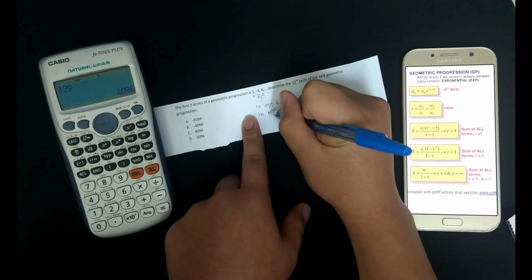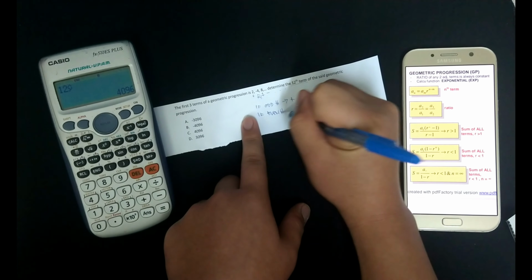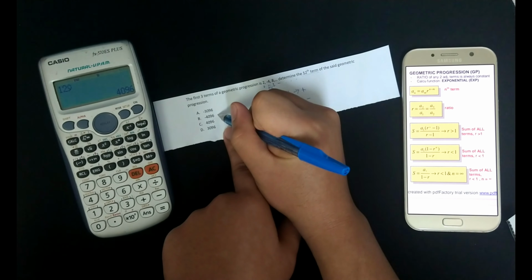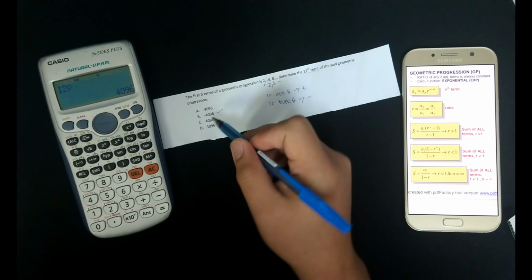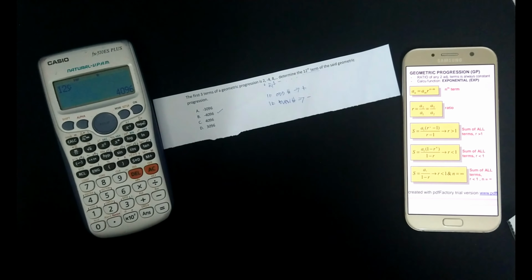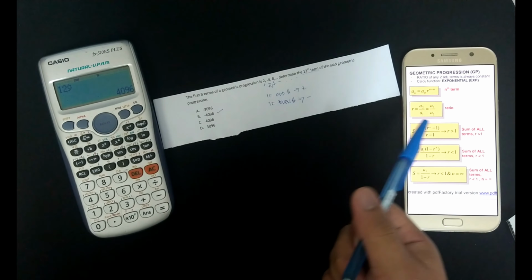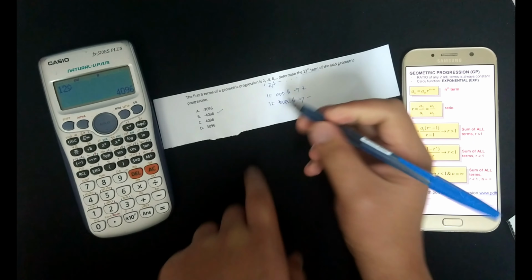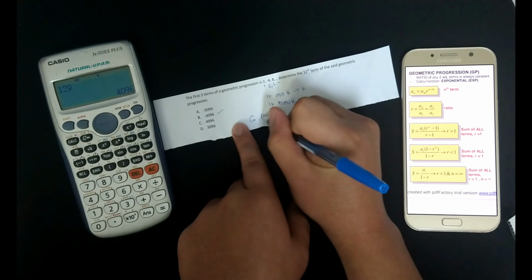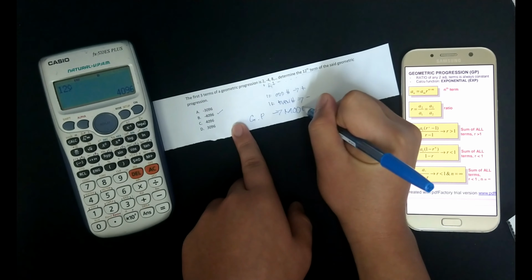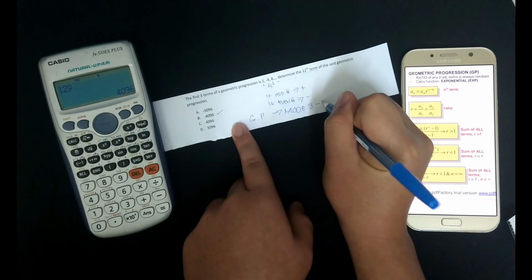If even numbers, the term is negative. So the answer is B, because 12 is even, so negative. So that's it for the geometric progression using calculator technique. So geometric progression is mode 3, 6.